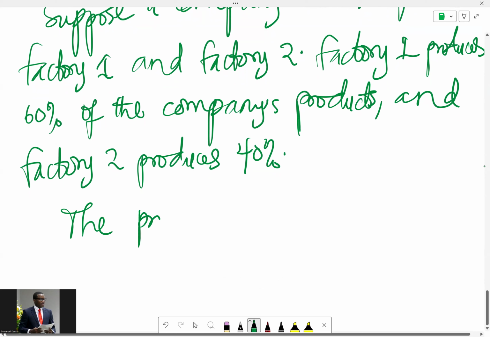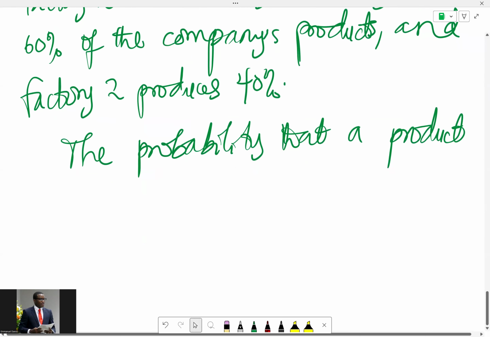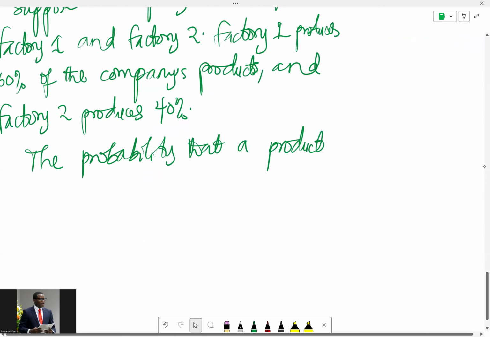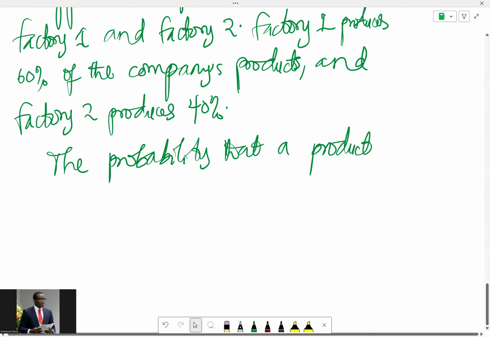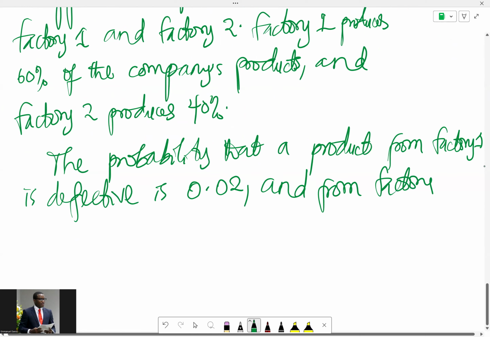The probability that a product from factory 1 is defective is 0.02, and from factory 2 is 0.05.